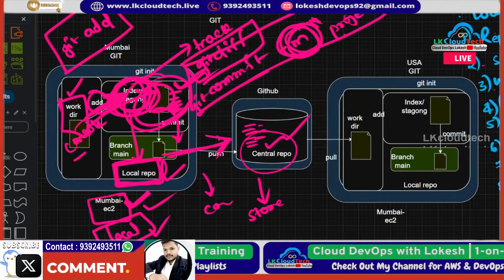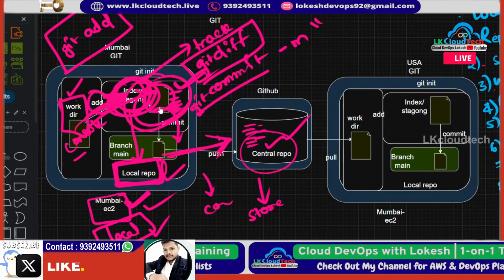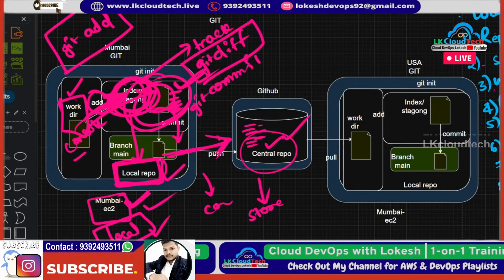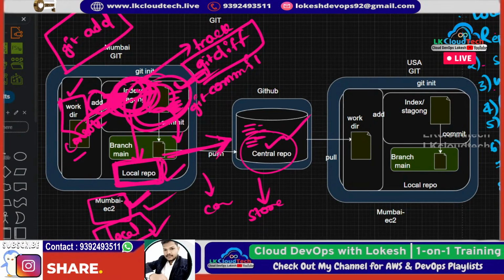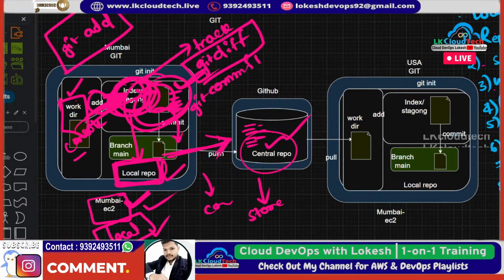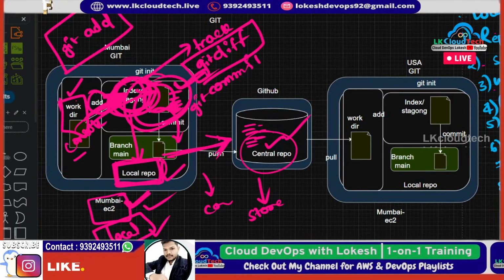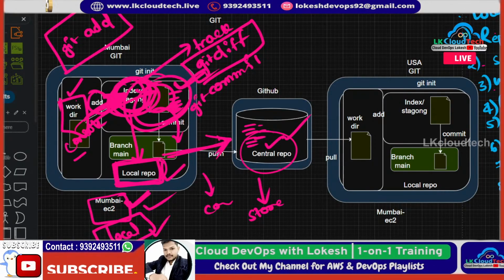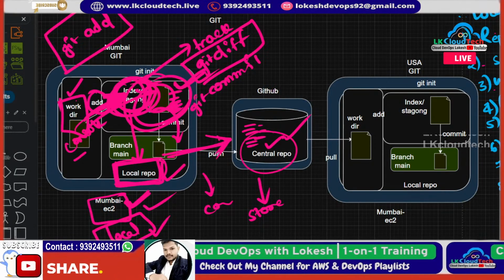Okay, so you will commit it. Whenever you have this file in the staging area, you can track it and identify whether this file is correct or wrong. If you want to take it back, you can do so using git reset.